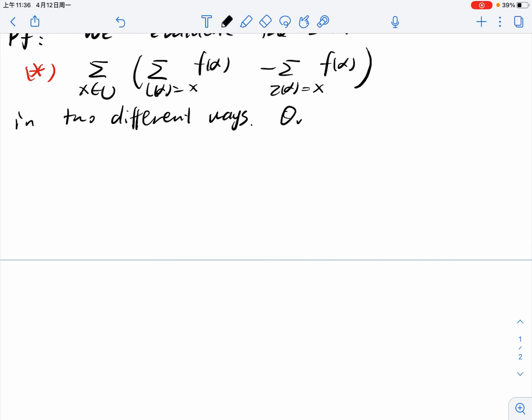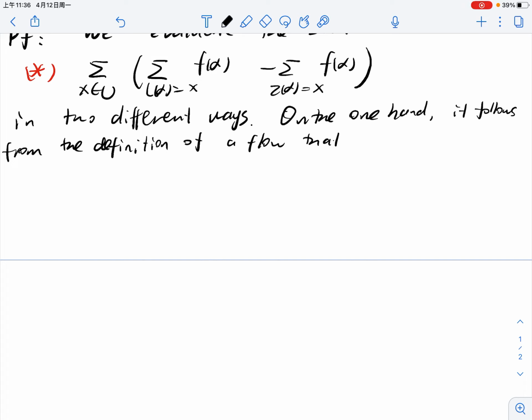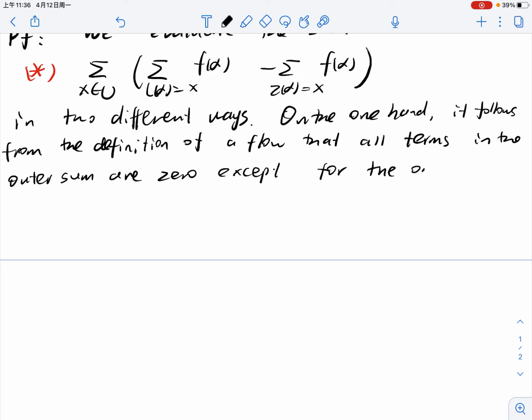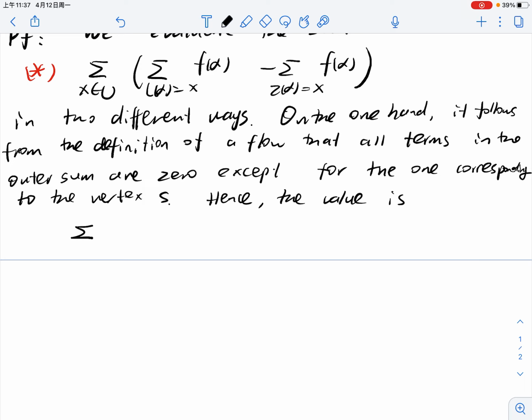On the one hand, it follows from the definition of a flow that all terms in the outer sum are 0 except for the one corresponding to the vertex S. Hence, the value is the summation over alpha with initial vertex S of f alpha minus the summation over alpha with terminal vertex S of f alpha.